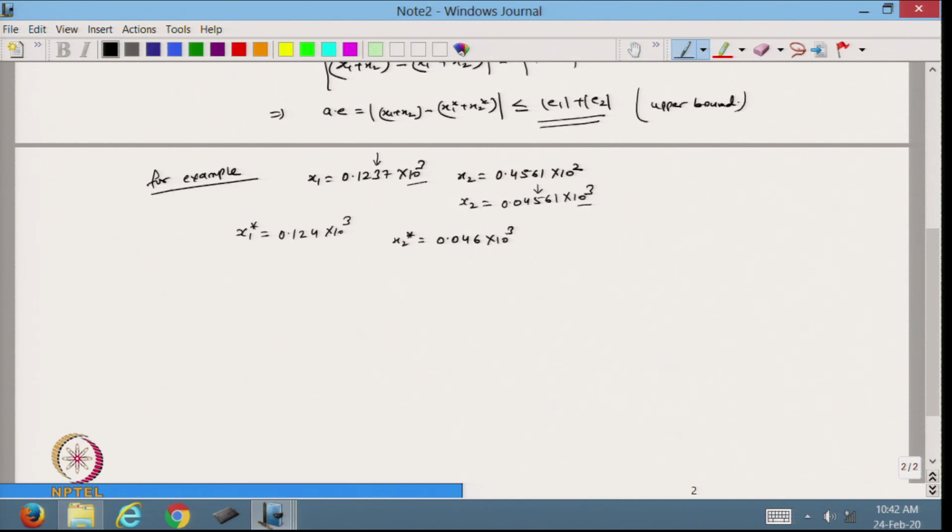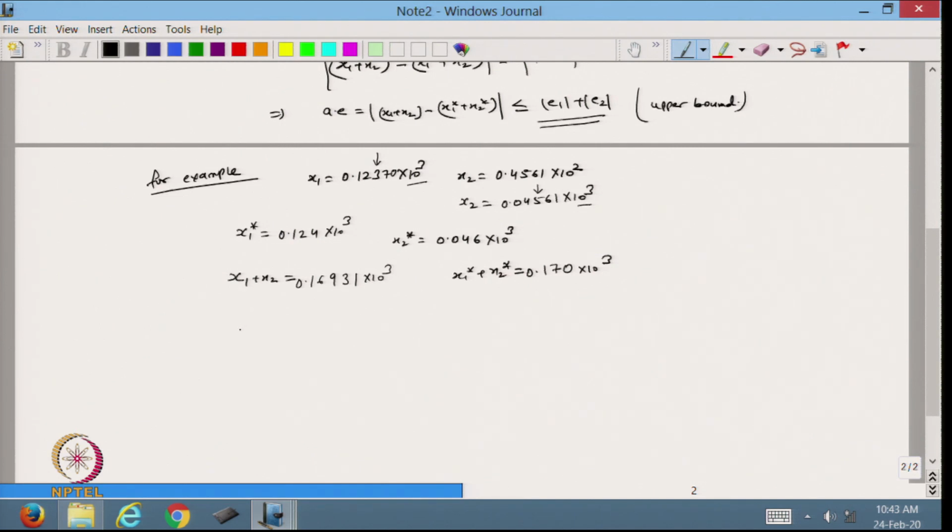Now suppose I want to find x1 plus x2. If I add x1 star plus x2 star, it will be 0.170 into 10 raised to the power 3. This is the number we got from x1 star plus x2 star.